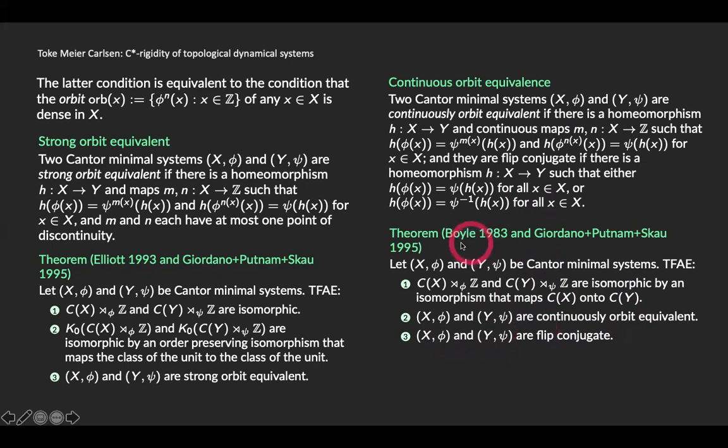So the result of Boyle gives you that 2 implies 3, and it's fairly straightforward to check that 3 implies 1. So what Giordano, Putnam, and Skau did was to show that 1 implies 2.